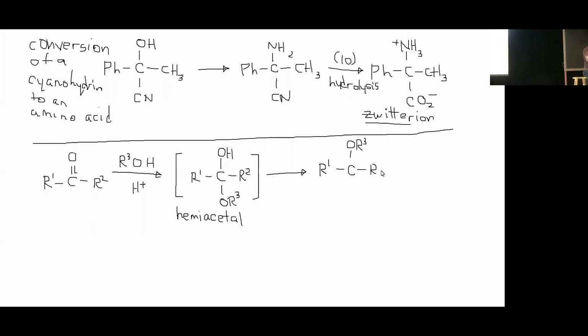Now, with excess alcohol around, the alcohol here is our solvent, so there's as much of it as we need. This is eventually going to lose a molecule of water and make a full acetal, with two of these OR groups on it. So this is now what we mean by an acetal.